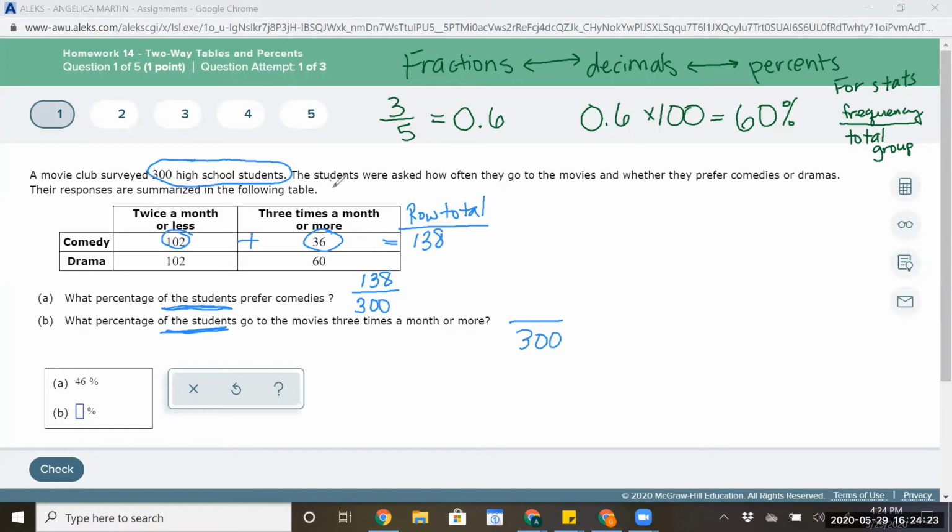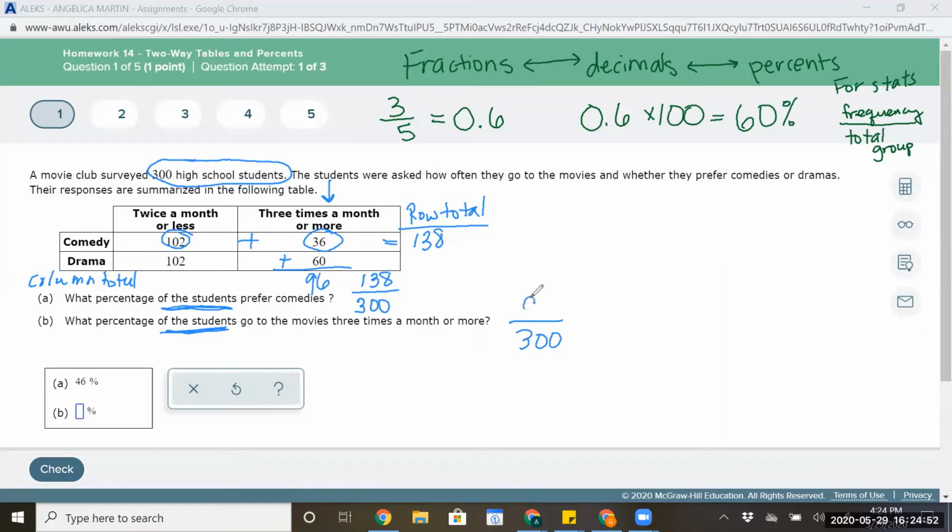That means we're looking at this column here, 3 times a month or more, which means now we're going to need a column total. Okay, which means we're adding up 36 and 60, and we're going to find that the total there is 96. 96 of all the kids surveyed went to the movies 3 times a month or more.